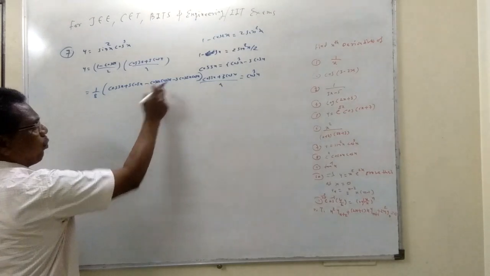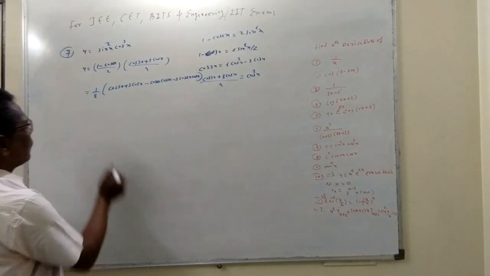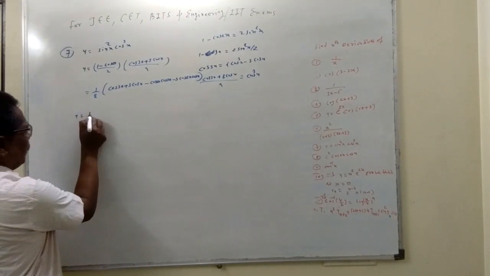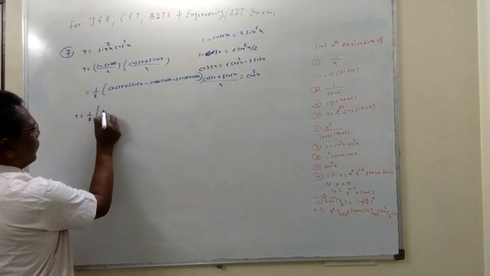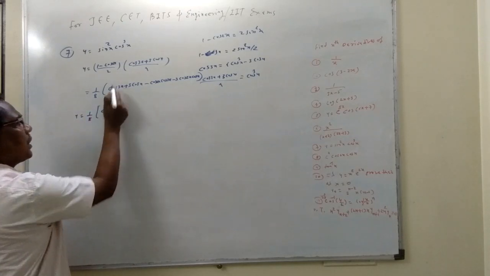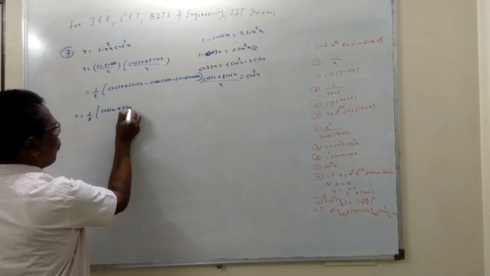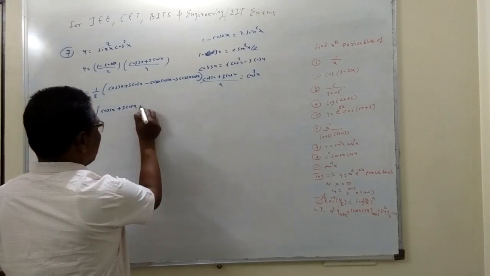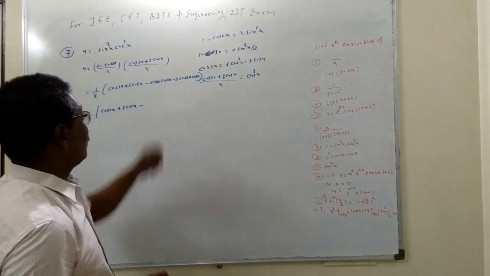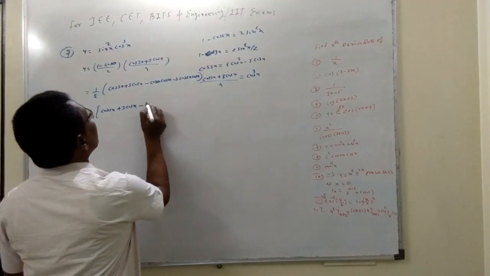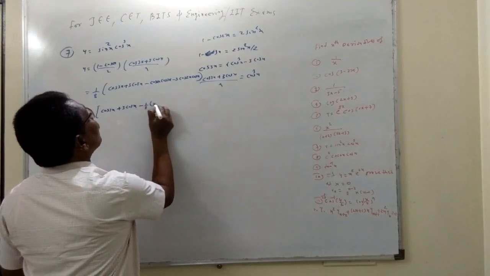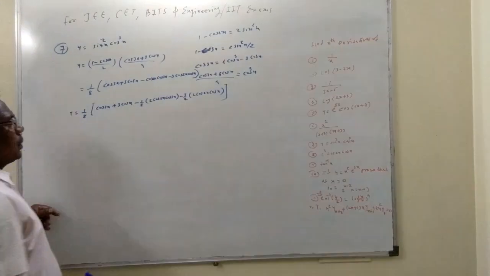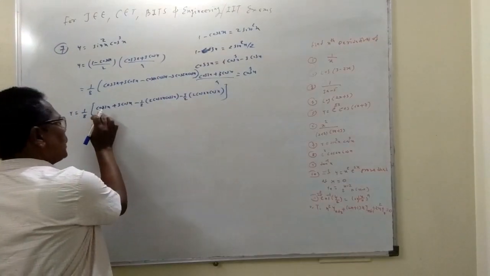So here the product you want to consider in addition. So y is equal to 1 upon 8 into bracket: cos 3x, this is in the standard form, plus 3 cos x minus. Now here you want to multiply by 2 and divide by 2. So 1 upon 2 cos. Now this is in the standard formula.